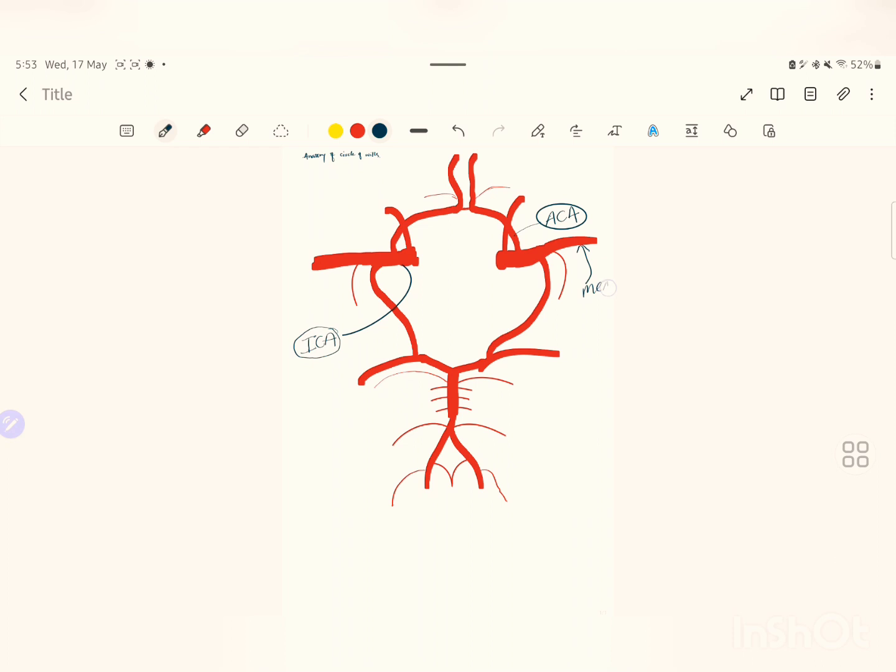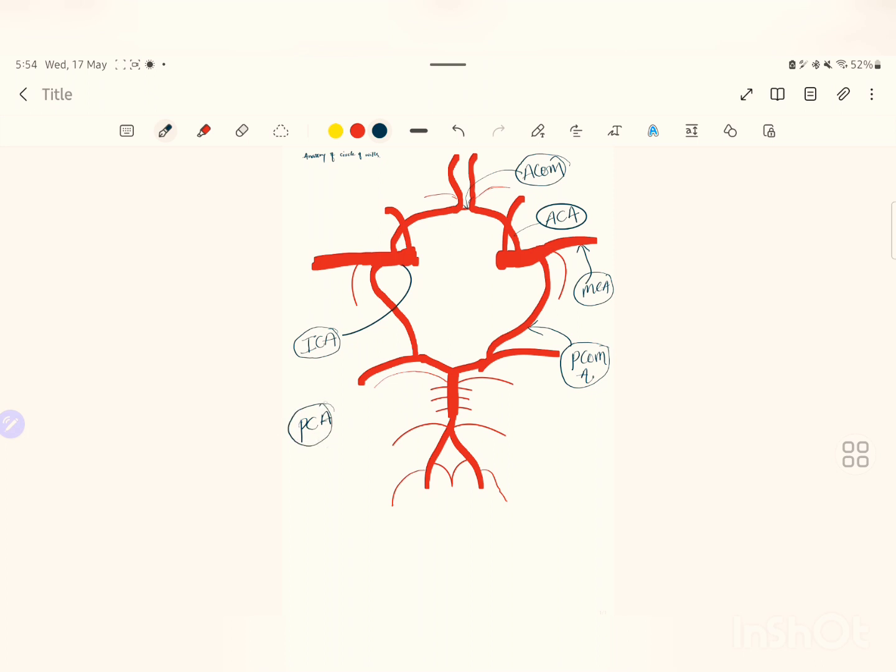This is a left middle cerebral artery arising from the left internal carotid artery. This is a left posterior communicating artery. This is an anterior communicating artery which is connecting the two anterior cerebral arteries.